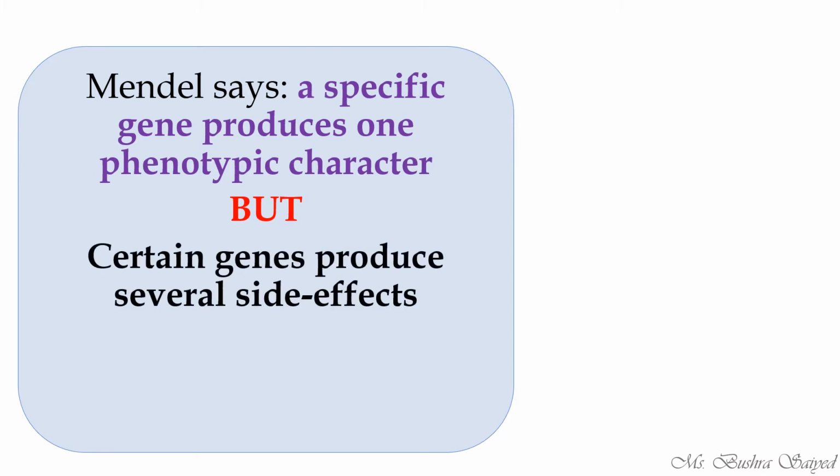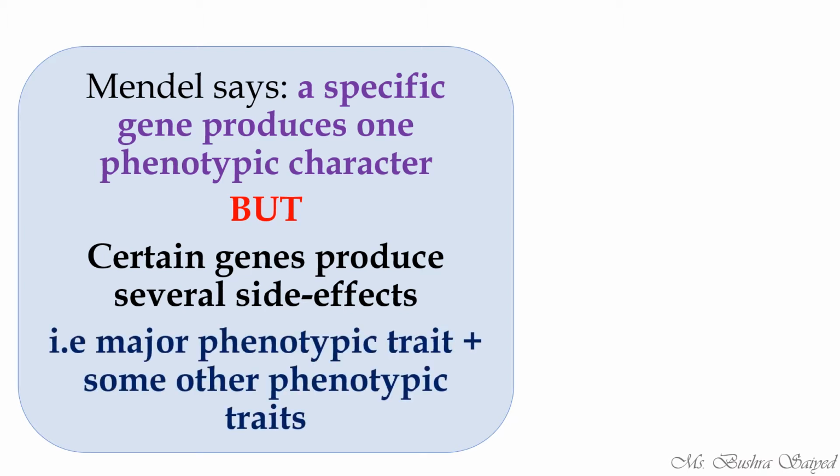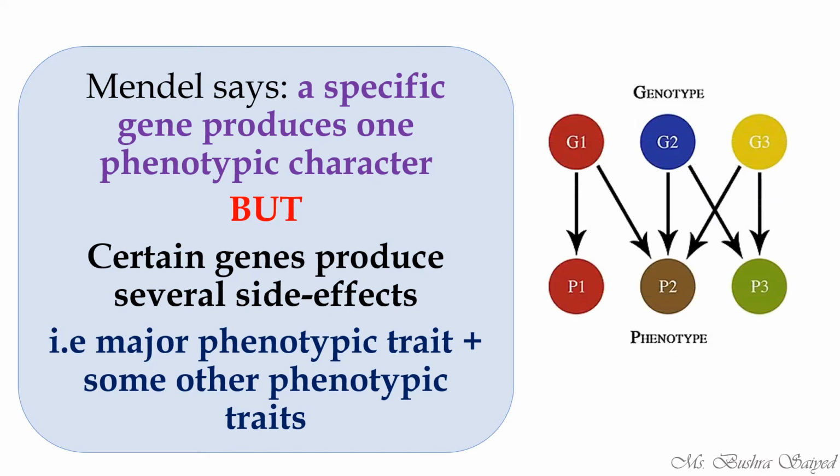There are certain genes which produce several side effects besides their own phenotypic trait. They produce a major phenotypic trait, and besides that they have some other effects on the body, so we say they are influencing more than one phenotypic trait.